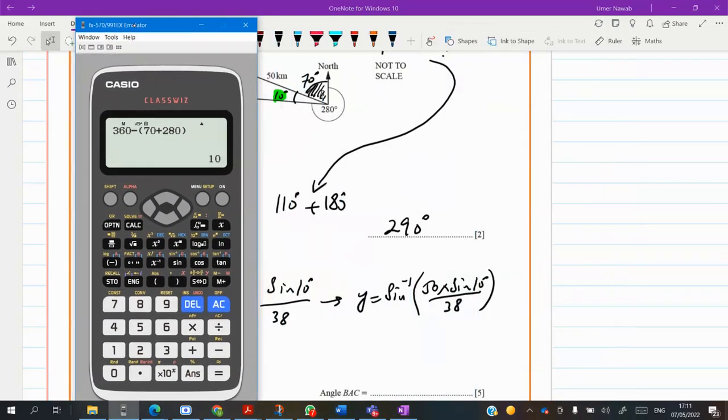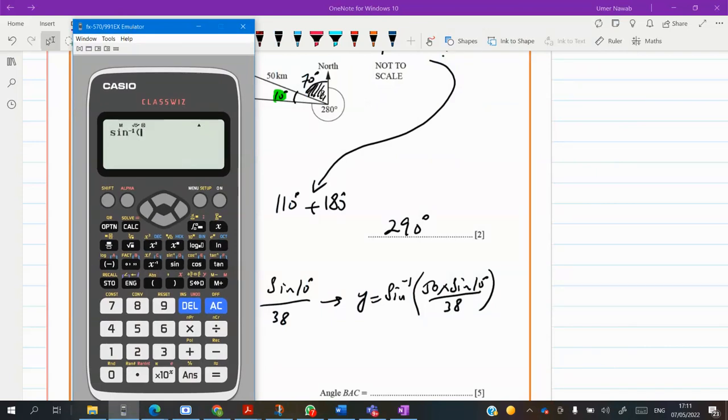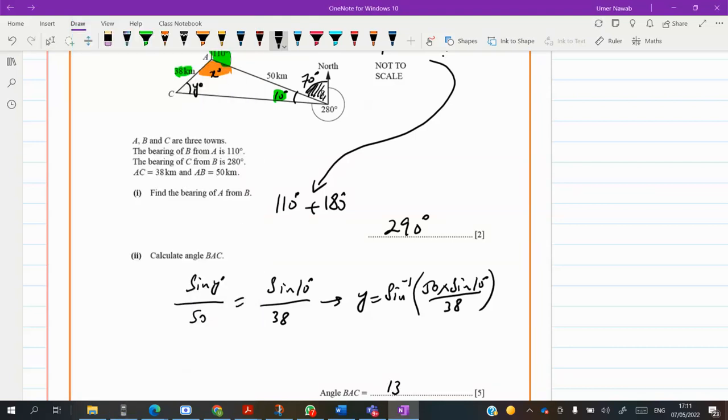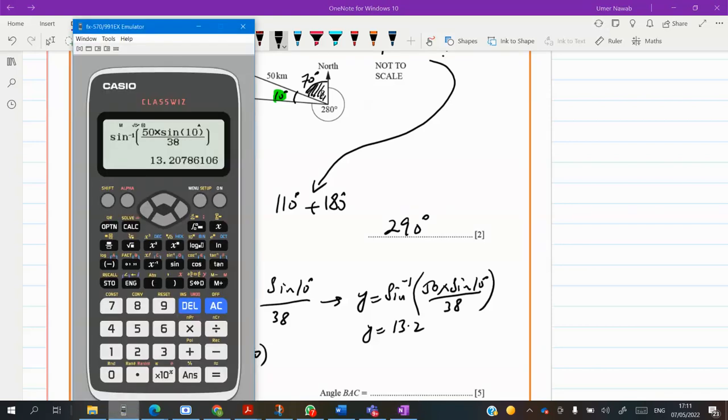So I get Y, 13.2. But this is not my answer. My Y is 13.2. I need to subtract Y and 10 from 180. So 180 minus 13.2 plus 10. I get the answer 156.8.